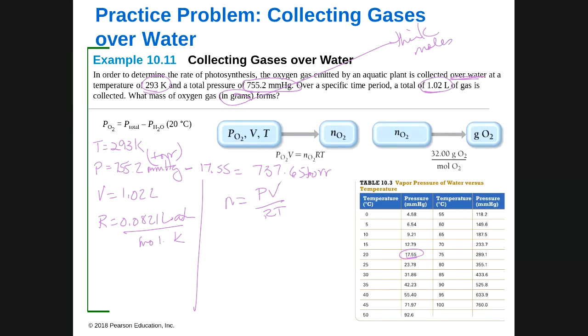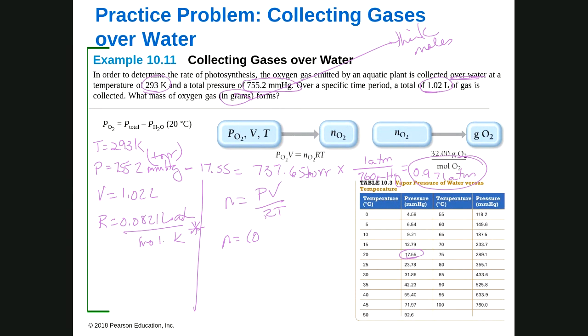So n is going to be equal to... this reminds me that these have to be in the right units, so I've got to convert that into atmospheres. 0.971 atmospheres.